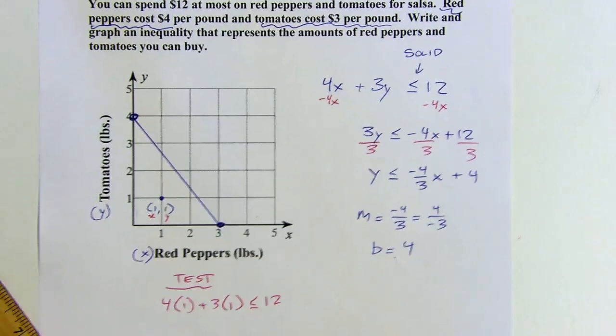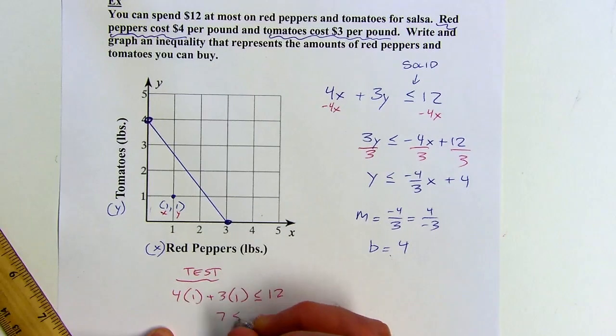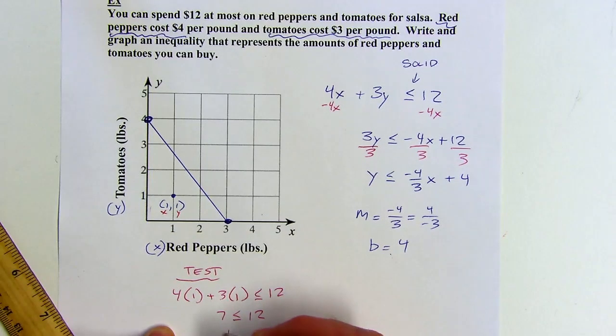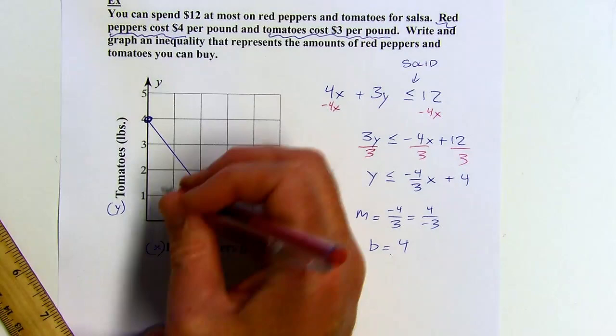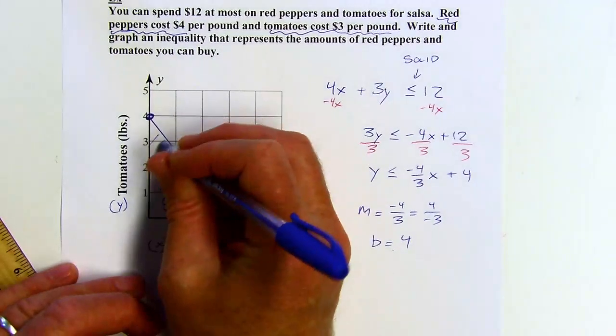Okay, and when we do the math here, this is going to be 4 plus 3, that's 7. 7 is less than or equal to 12. Well, that's true. And so that means that this is on the true side. This must be the false side. And we'll shade the true side.